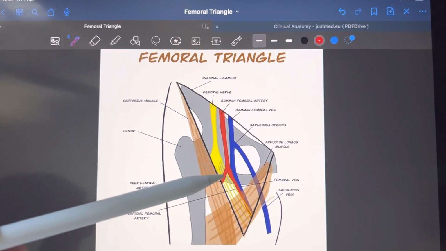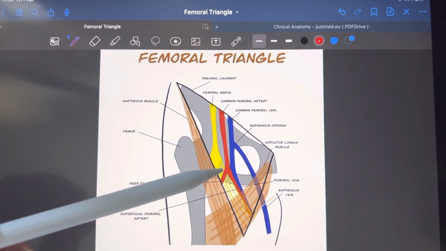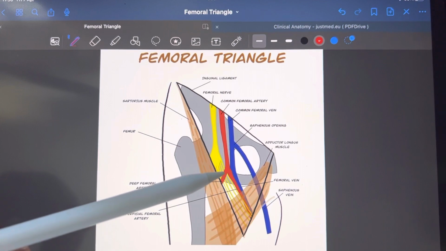But like I said, it can also occur within the femoral triangle. So we know that when it comes to anatomy, each body is different. So there are discrepancies that can occur from body to body. So that's something to keep in mind.